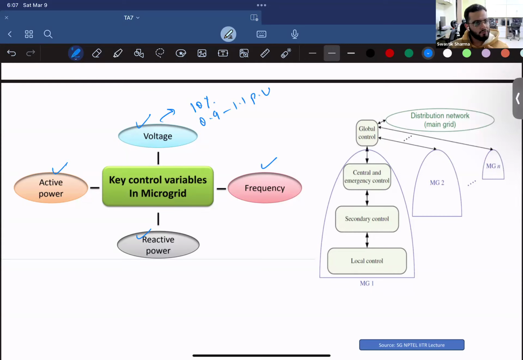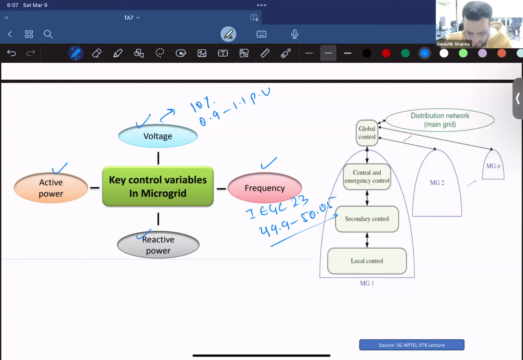We are allowed to move within that, not beyond it, otherwise our power quality has degraded. For frequency, according to IEGC 23, the Indian Electricity Grid Code, the band has been relaxed to 49.9 to 50.05 Hz. As long as our frequencies and voltages are within these bands, the system operation is said to be reliable.